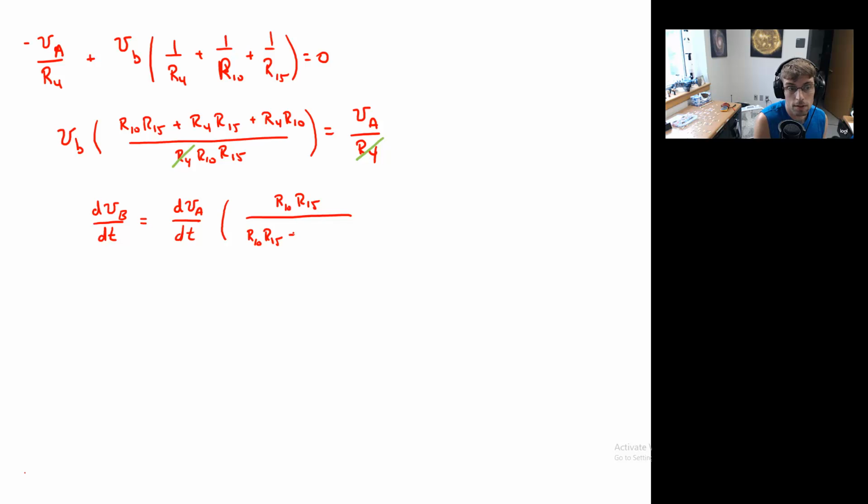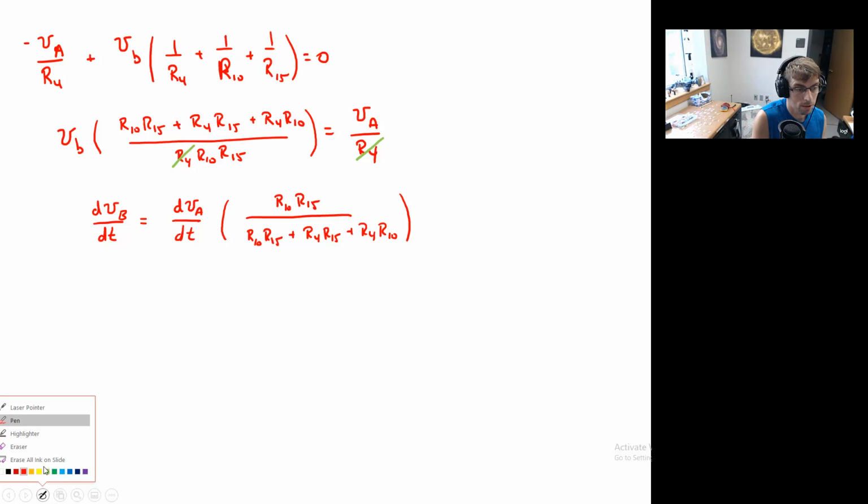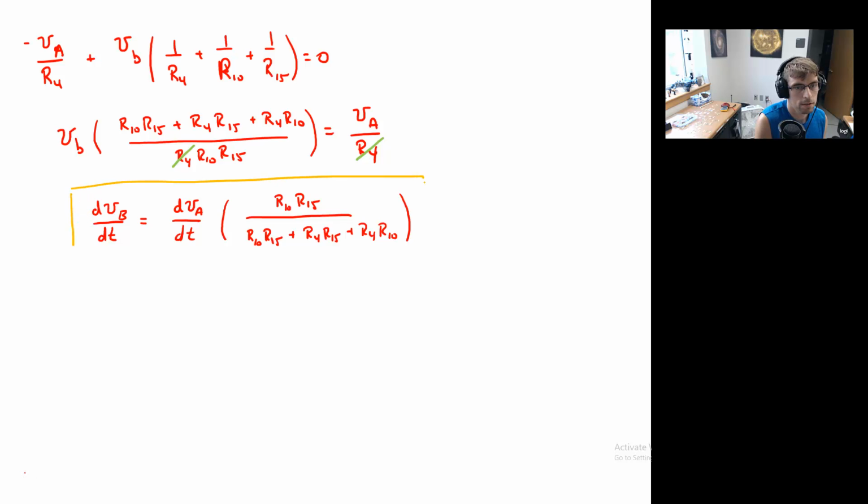Don't worry, we're not going to write this out for the entire problem. I just don't want to put it down as a number. So this is really what we're going to need. We're going to need that sucker. So we'll go ahead and box that.